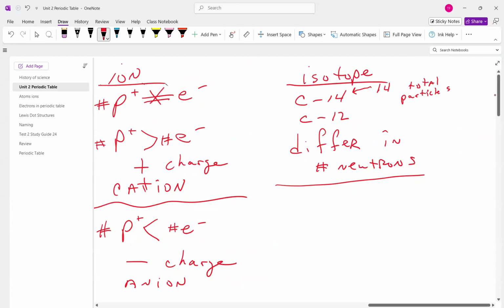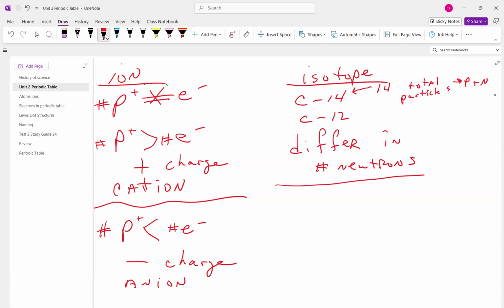Protons plus neutrons. So if we know how many protons there are, we can find out how many neutrons there are. So I need to know how many protons there are.